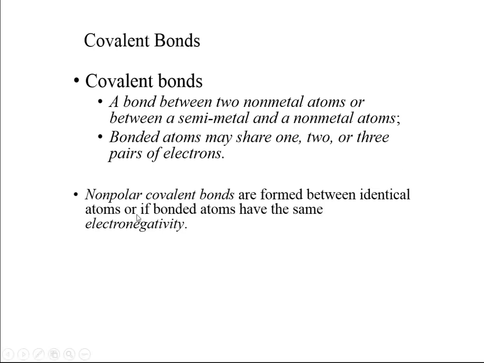And we have nonpolar covalent bonds. So these bonds are formed between identical atoms, or if bonded atoms have the same electronegativity. So if you have 2 nitrogen atoms, nitrogen and nitrogen, and you want to form a chemical bond between them, the chemical bond will be a nonpolar covalent bond, because the 2 nitrogen atoms have the same electronegativity.